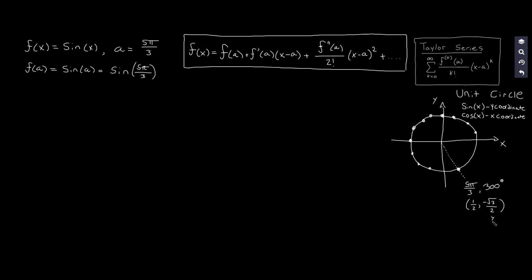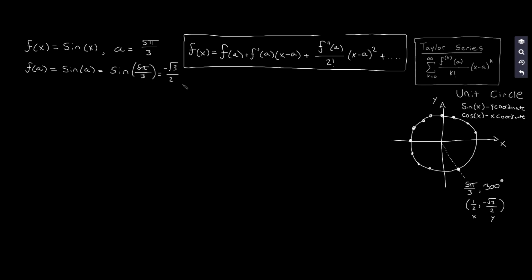So we have y and x. That means that sine of 5 pi over 3 is going to be negative root 3 over 2. And then that will be our f of a.